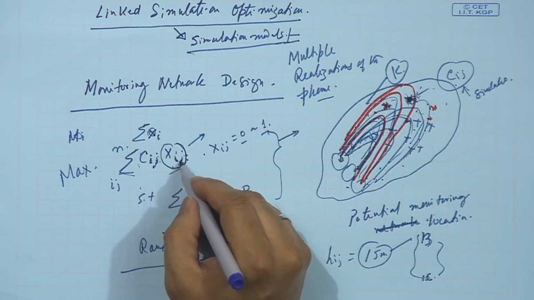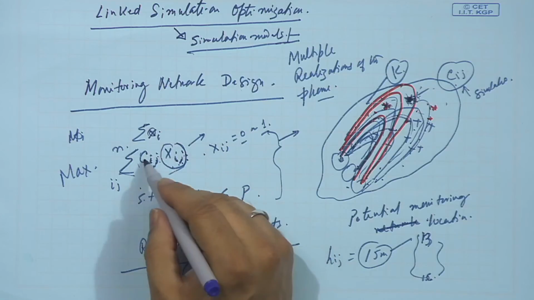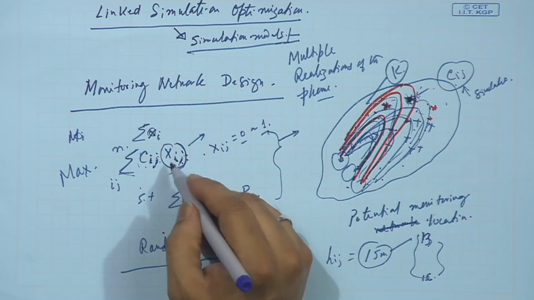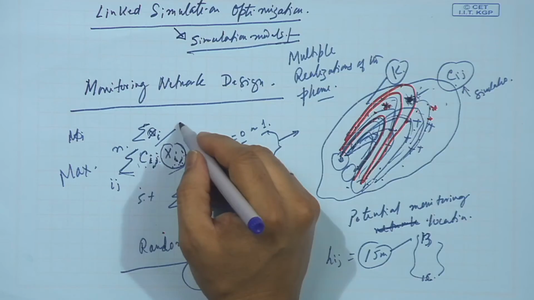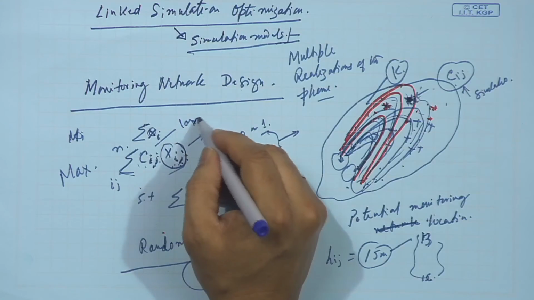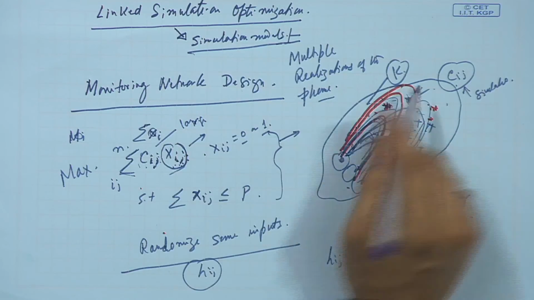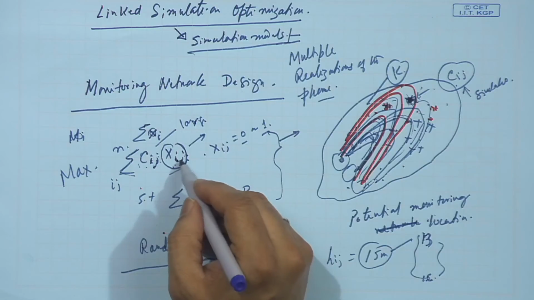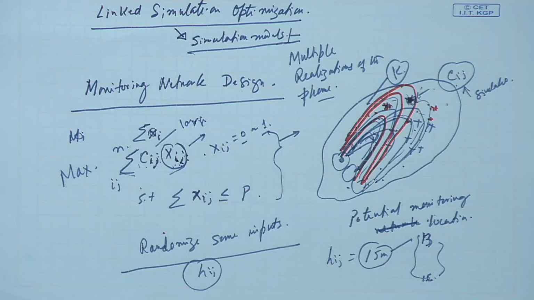So by making Xij equal to 1, you will increase the objective function. If you make the corresponding Xij equal to 0, though Cij is very large, of course you are reducing the objective function value.